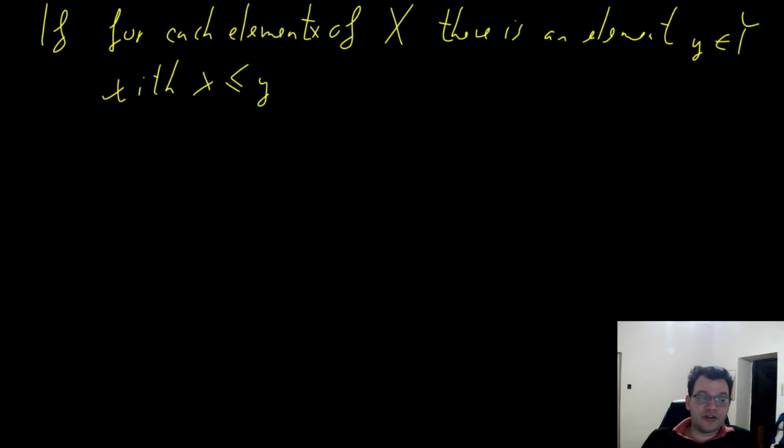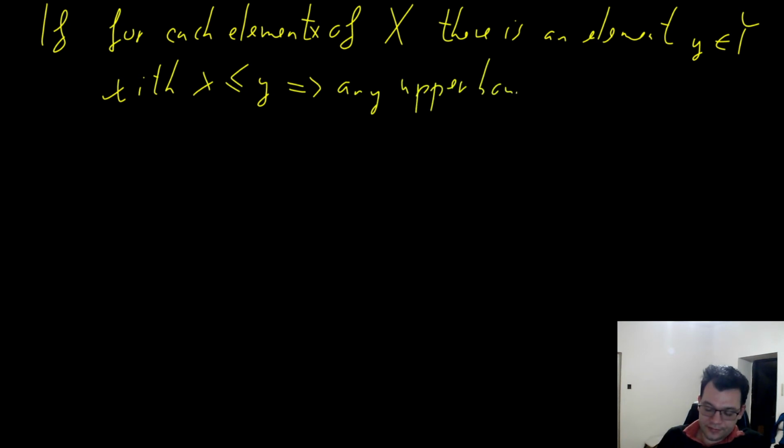So what do I have? I have two sets, X and Y. These are both subsets of the poset. And if in Y there is an upper bound of x, then any upper bound of Y is also an upper bound of X.